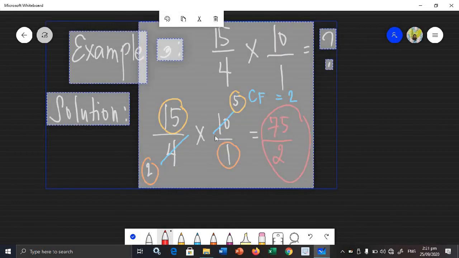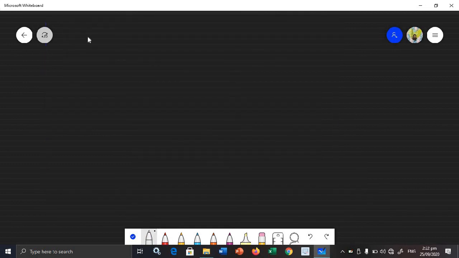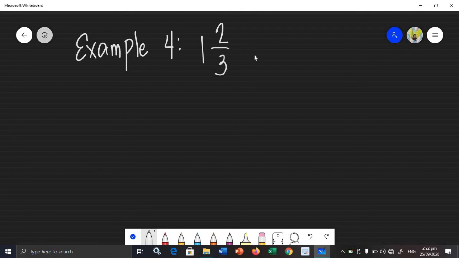Last example. How about when the given are both mixed numbers? Okay, this is example number 4. Let's say we have 1 and 2/3 times 4 and 2 over 5. What will be the product of this example? So if the given is like this, you need to convert both into improper fractions.